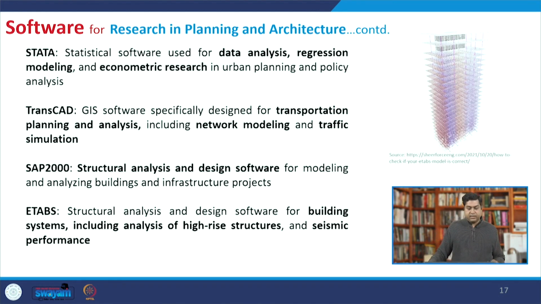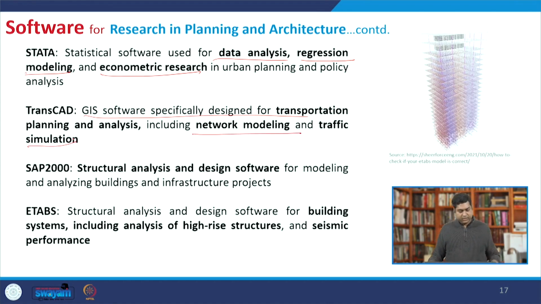Stata is a statistical software used for data analysis, regression, modeling of different variables, and econometric research in urban planning, policy, etc. TransCAD is another GIS software which helps to do network analysis for transportation and traffic simulation.